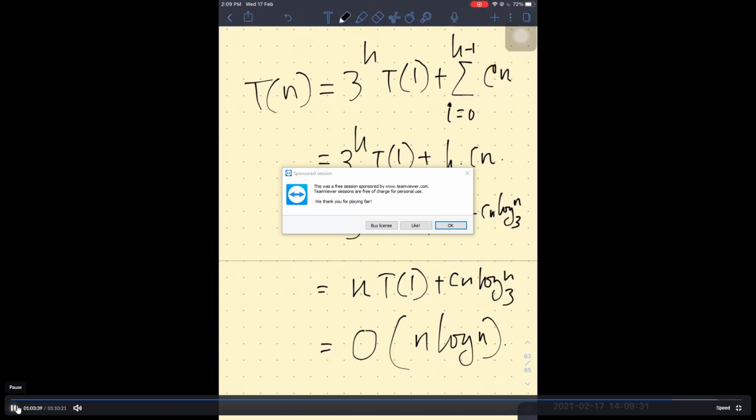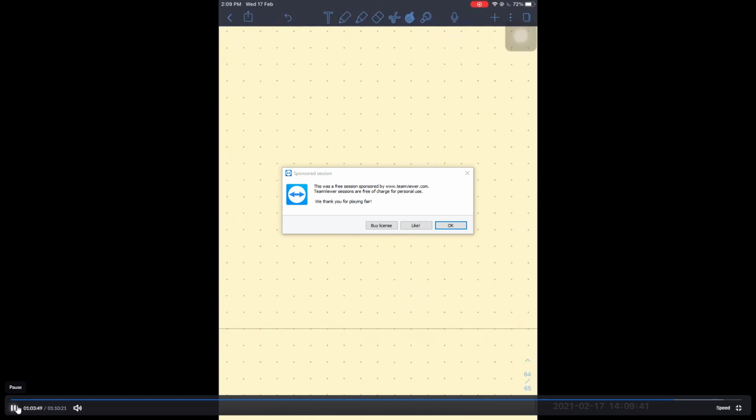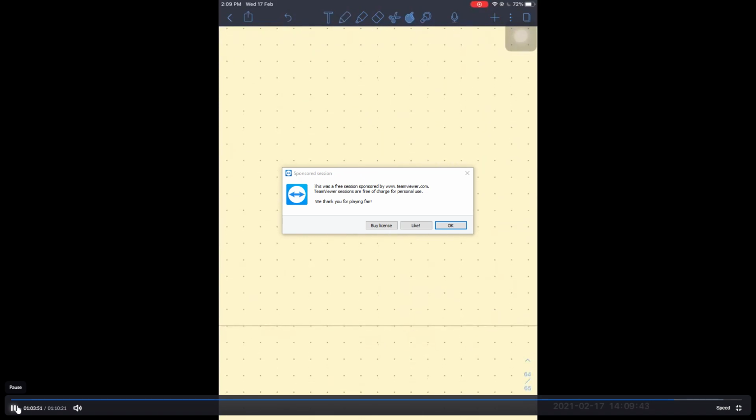Is it clear? Yes, but this one is very easy. Could you explain something a little bit harder? Okay, let's try another one.